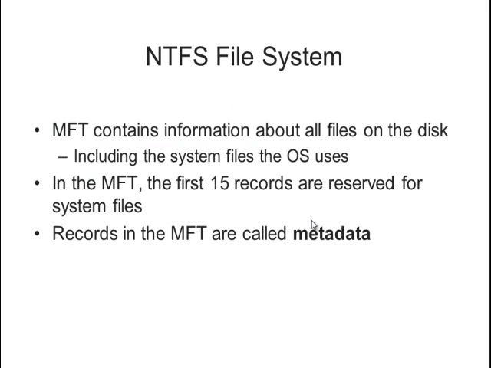The master file table contains information about all files on the disk, including the system files that the operating system uses. In the MFT, the first 15 records are reserved for system files. Records in the master file table are referred to as metadata.